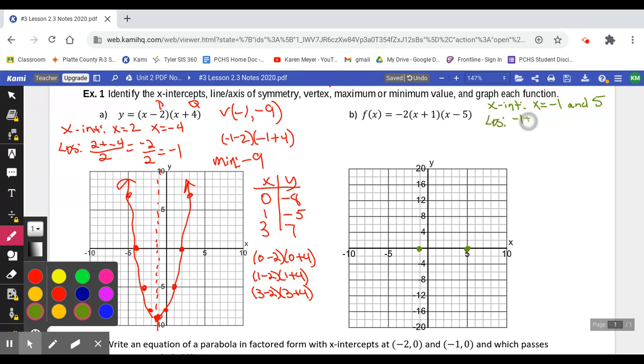So negative 1 plus 5 divided by 2, which is going to give me 4 over 2, which is 2. So there's my dashed line. The vertex has the same x number, so that's 2. So now go plug in 2.